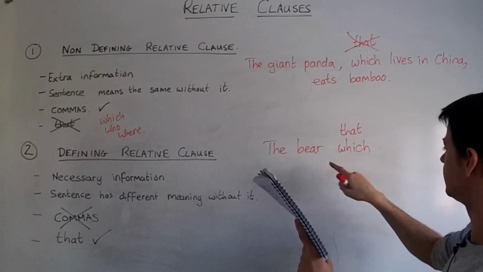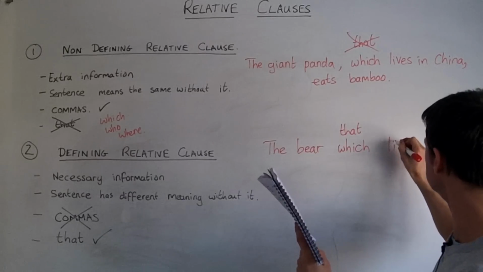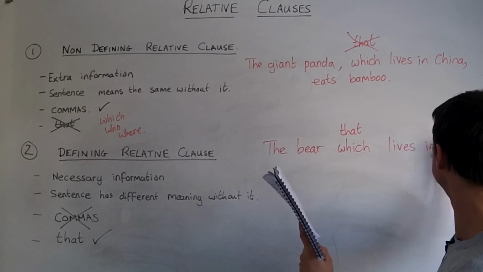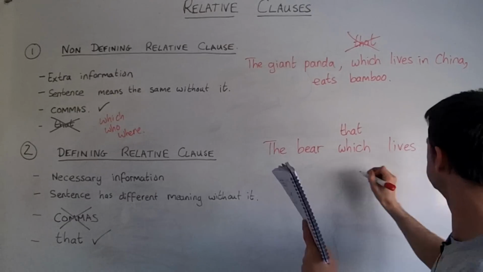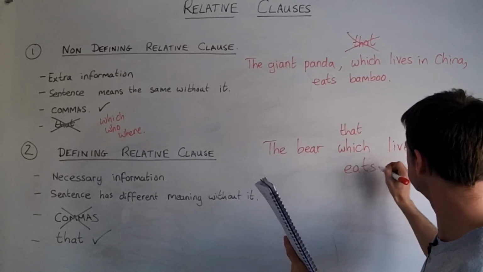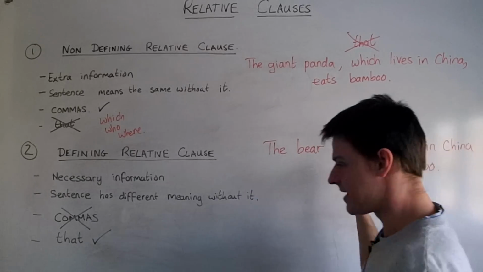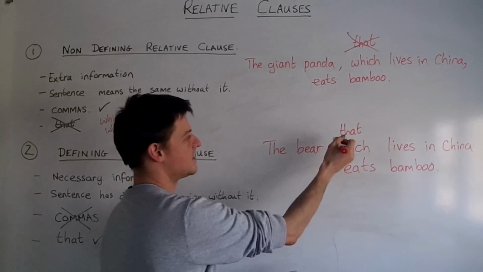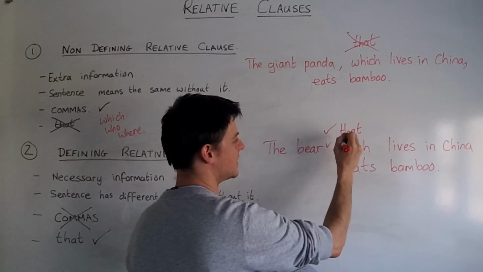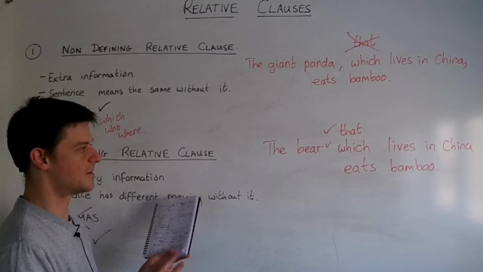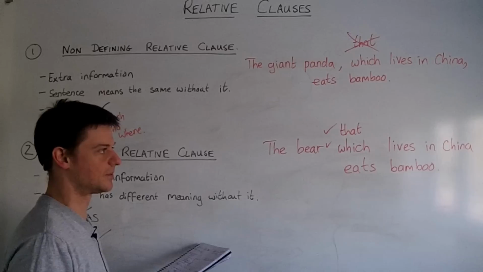Sorry, the bear that lives in China eats bamboo. Now in this sentence we have no commas, and that is possible or whichever one you prefer. The bear which lives in China eats bamboo.